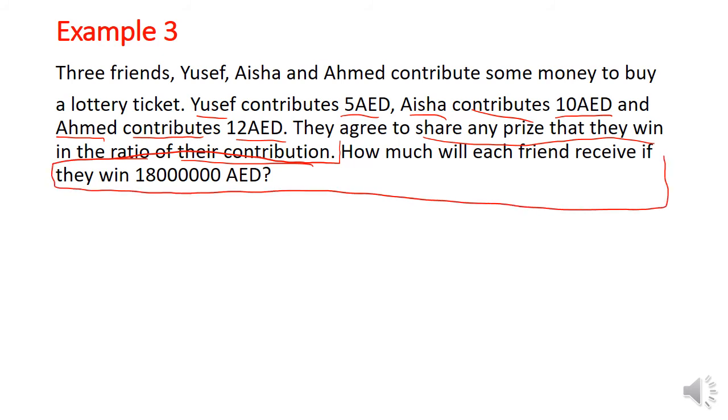So I'll just draw a box around that big question there. So that's our big question. So we know they're not going to share it equally. They're sharing it according to their contribution.